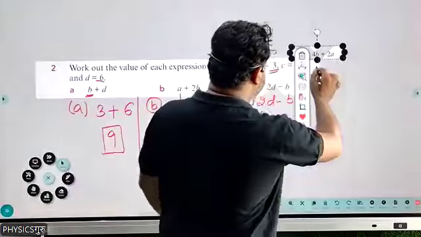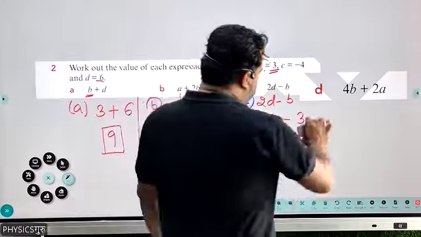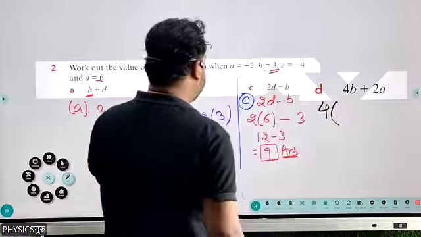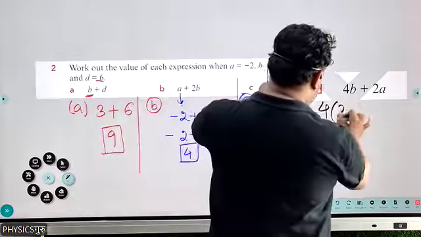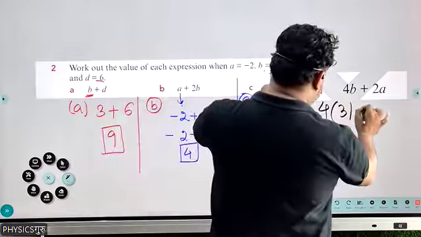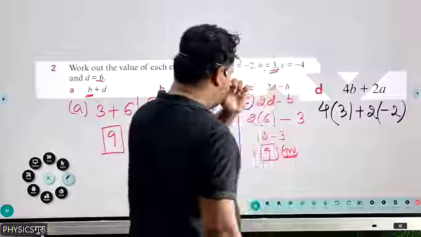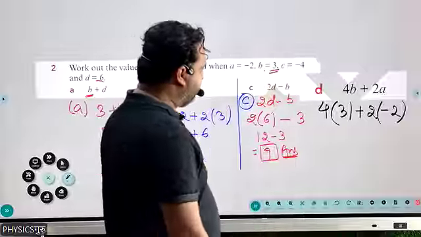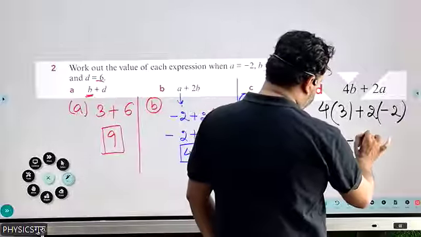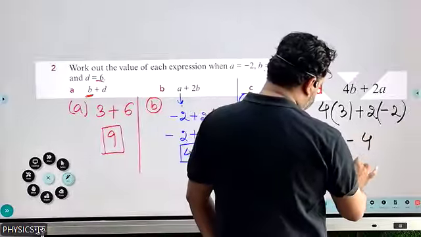What is the value of B? B is 3, and 2 times A, where the value of A is -2. So 4 times 3 is 12, 12 minus 4 is 8. 8 is the right answer. Okay. Next one.